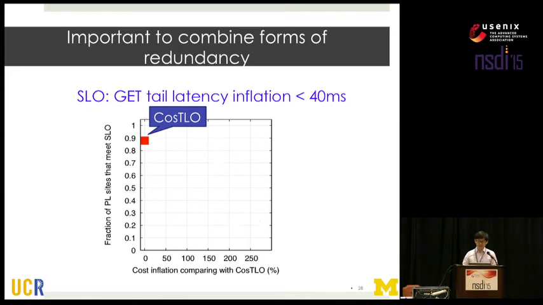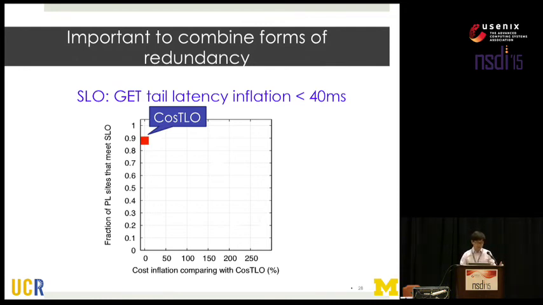The y-axis shows the fraction of Platinum nodes that can satisfy the SLO. If you remember from the previous slides, for CosTLO, more than 80% of Platinum nodes can satisfy the SLO. And the x-axis shows, for those Platinum nodes that can satisfy the SLO, what is the cost inflation compared with CosTLO. So each configuration will be a single point on this graph.